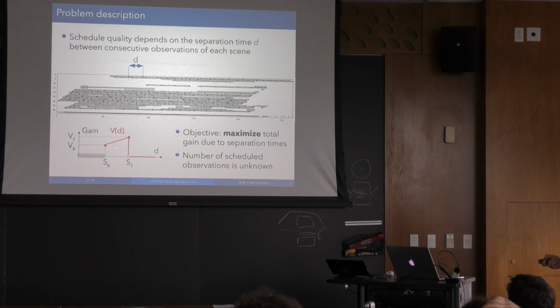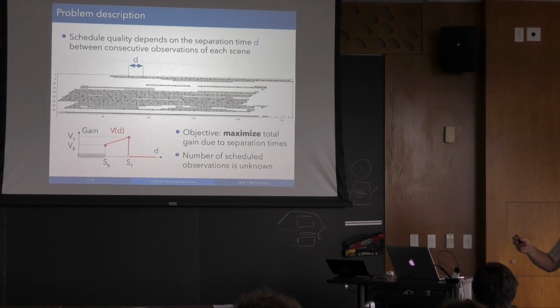This separation time must be greater than a threshold, so you cannot observe a scene twice too closely in time. This is forbidden. Then the gain grows, but after some threshold time, you don't gain anything more by observing the scene.